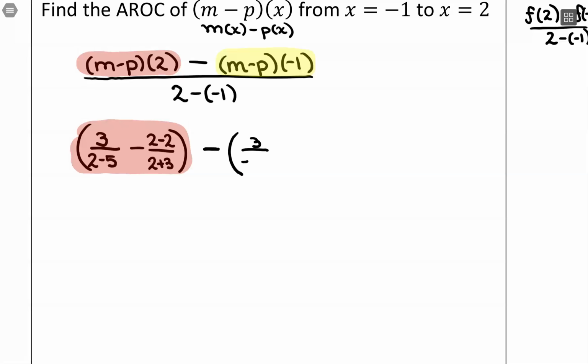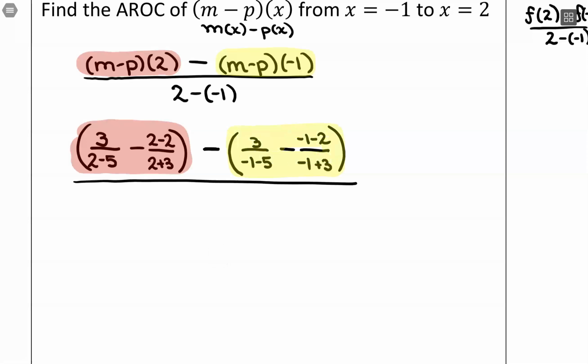So 3 over -1 minus 5 minus -1 minus 2 over -1 plus 3. And so that all matches up with what I highlighted in yellow up above. And then all of this is over 2 plus 1, so 3.